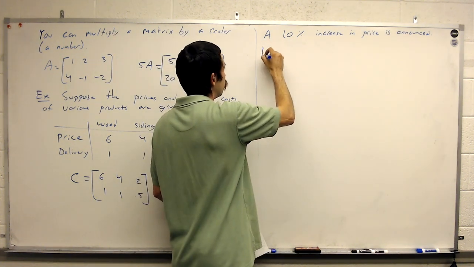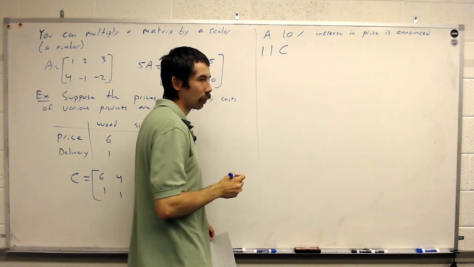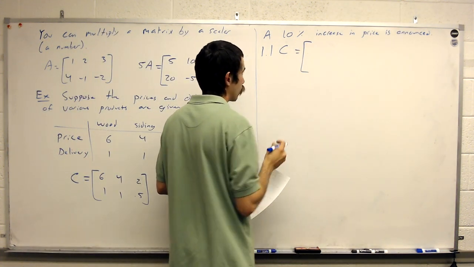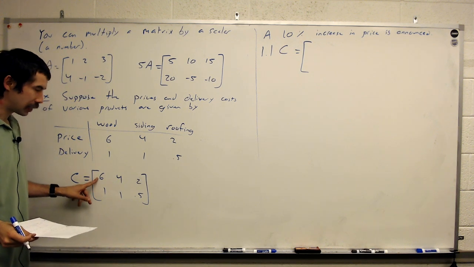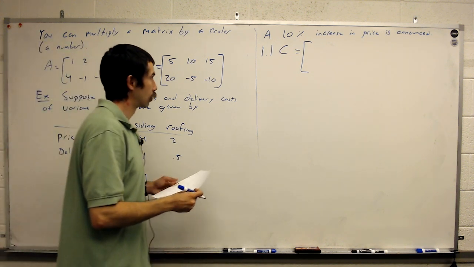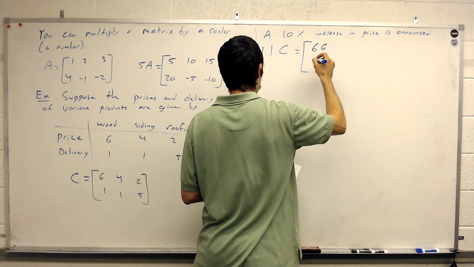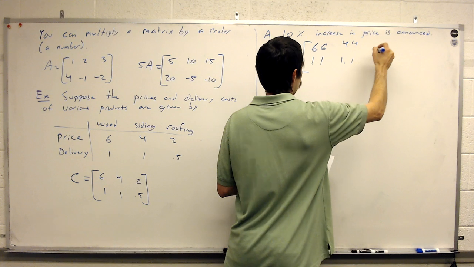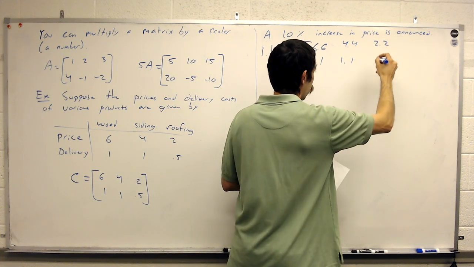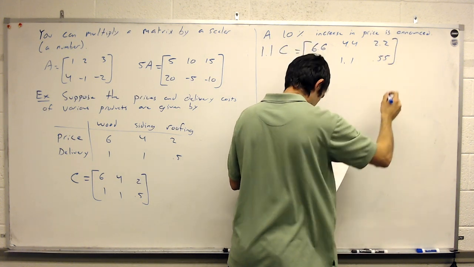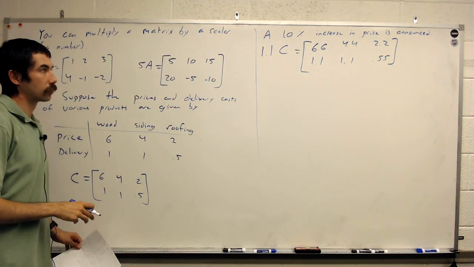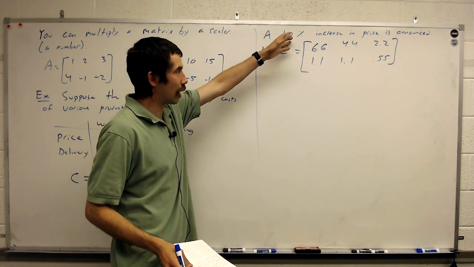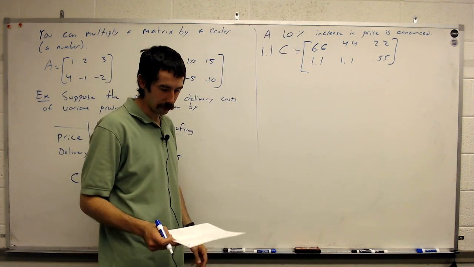So our new cost matrix is just 1.1 times our original cost matrix. And so what is that? It's 6.6, 1.1, 4.4, 1.1, 2.2, and 0.55. All right, so this scalar multiplication of a matrix could be interpreted as, what happens if all prices increase by some amount.